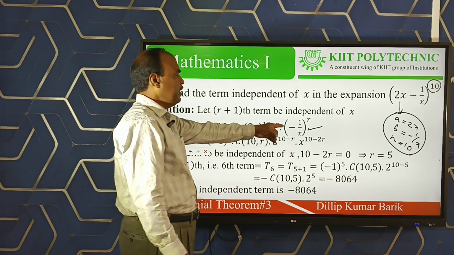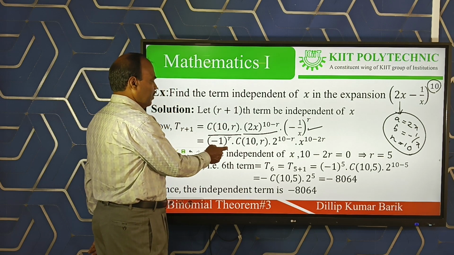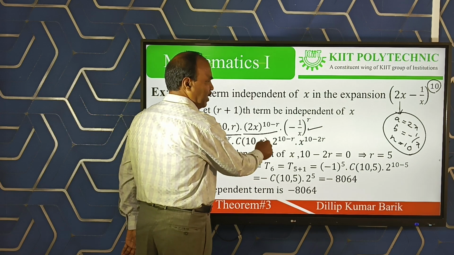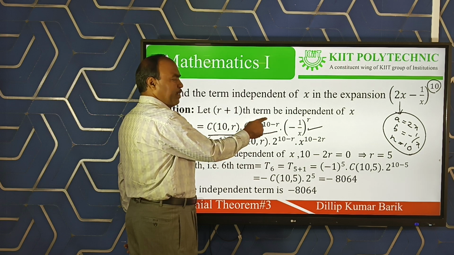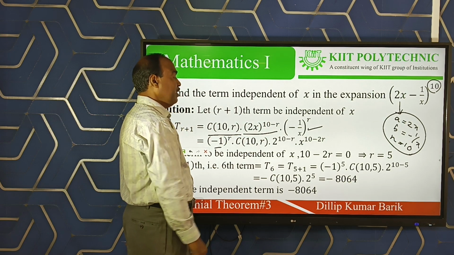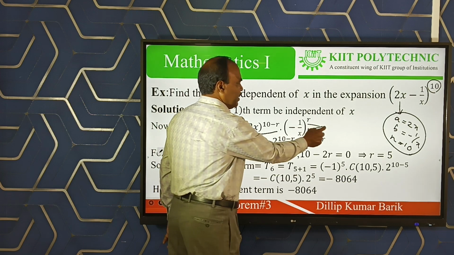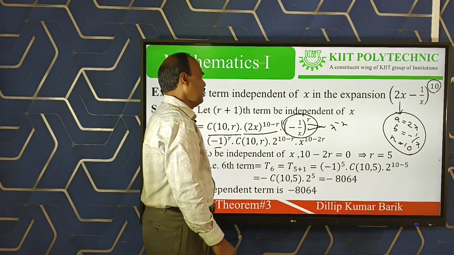So since it is negative here, after simplification we take minus 1 to the power r at the beginning, 10Cr into all the multiplication, and since 2x here, we take 2 to the power 10 minus r, also x to the power 10 minus r, and since another x here, x to the power minus r from the last term.